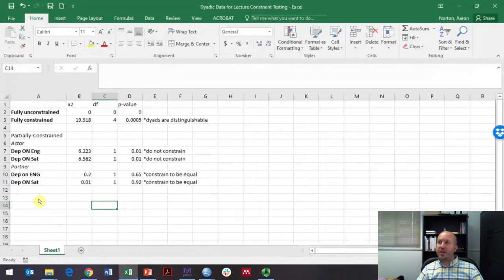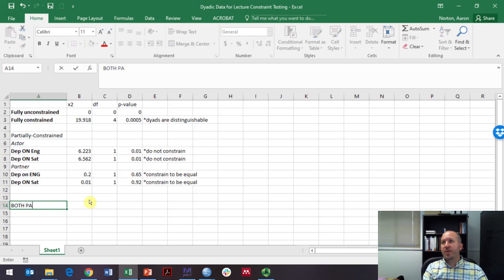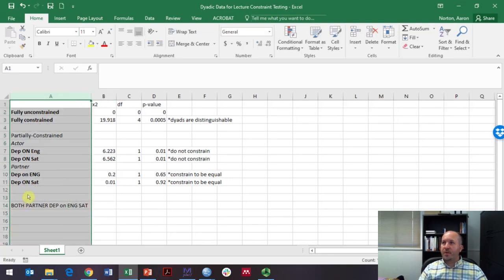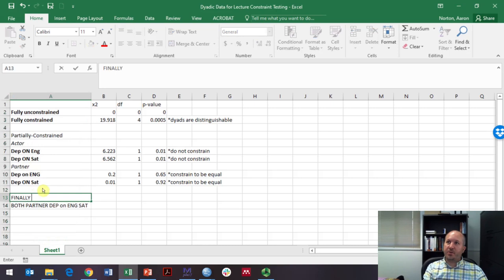So I'm going to create on my Excel file, I'm now going to say both partner paths, depression on engagement satisfaction. So this is my final partially constrained model.